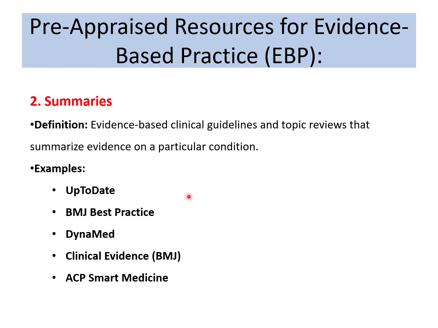These are the big platforms where the evidence, the clinical guidelines, topic reviews and their summaries are available. There you just need to go to a particular topic, and then you can find all the relevant recent data, the evidence.